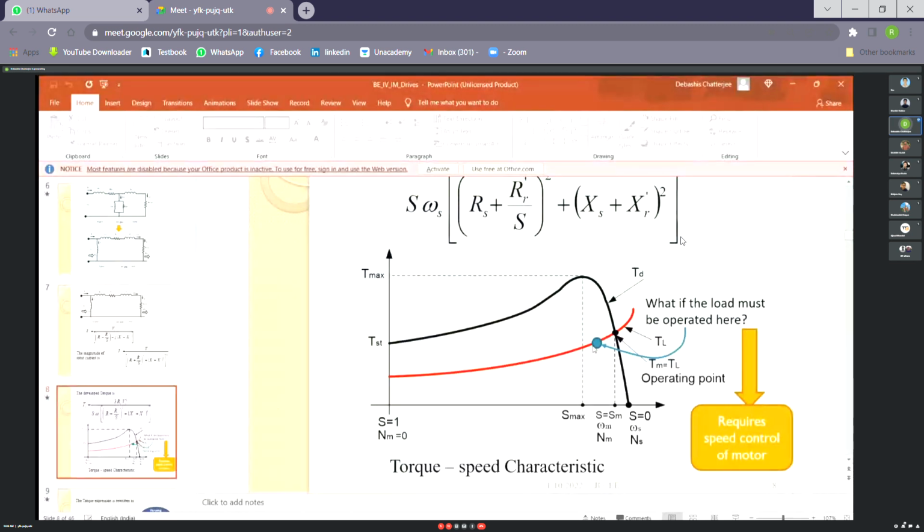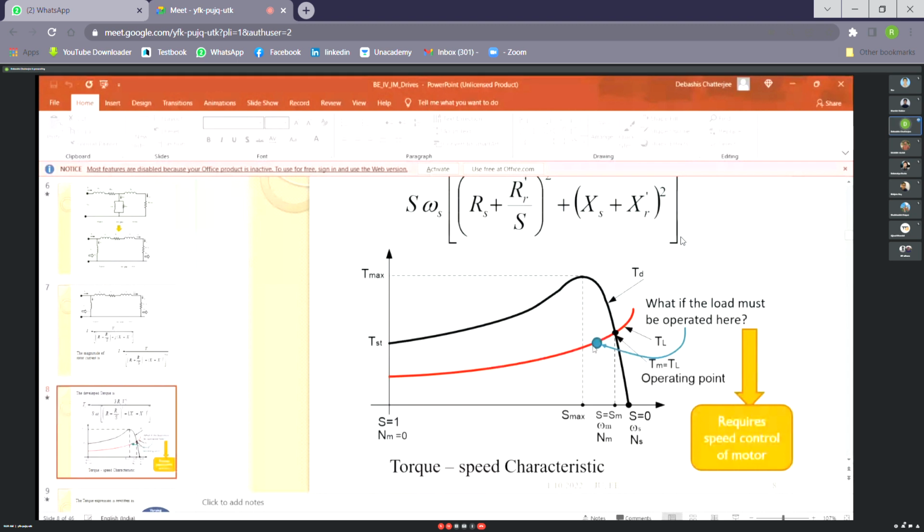If the load torque is not constant, then both speed and torque control will be required. This is where we require speed control of the induction machine, or of any machine. Shifting the operating point from one to another always requires speed control.